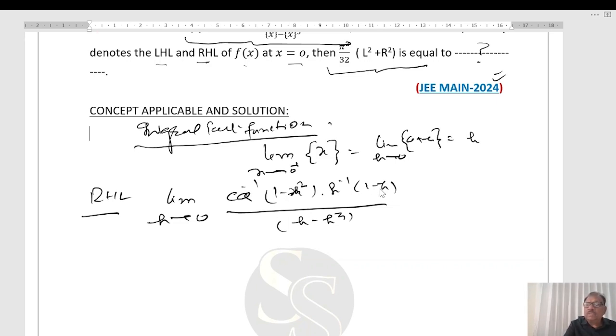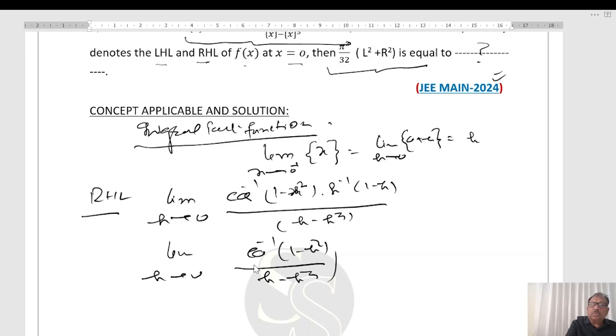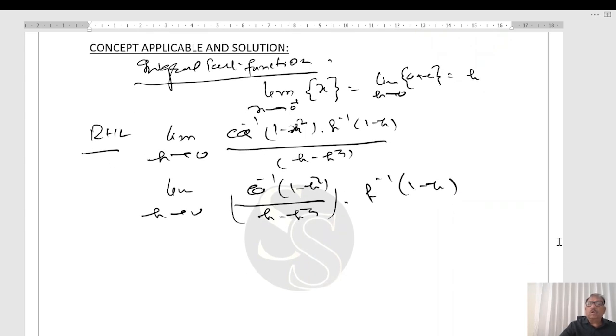Sine inverse of (1 minus h), if we put the limit here, then sine inverse 1 is pi by 2. We know the algebra of limits: addition, subtraction, multiplication, we can put the limit separately, individually.